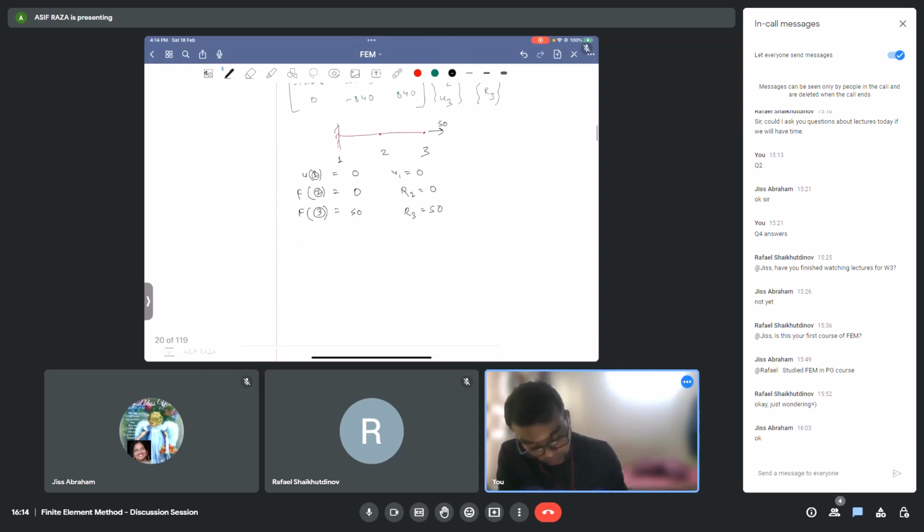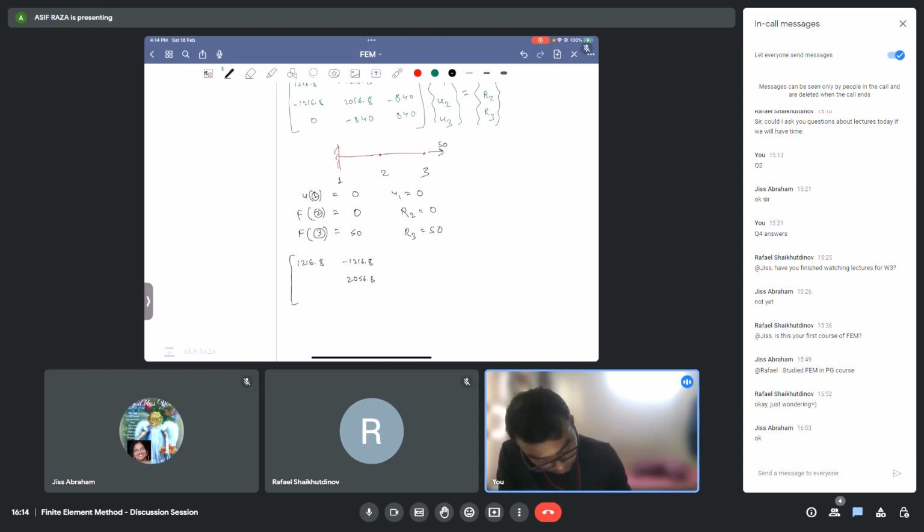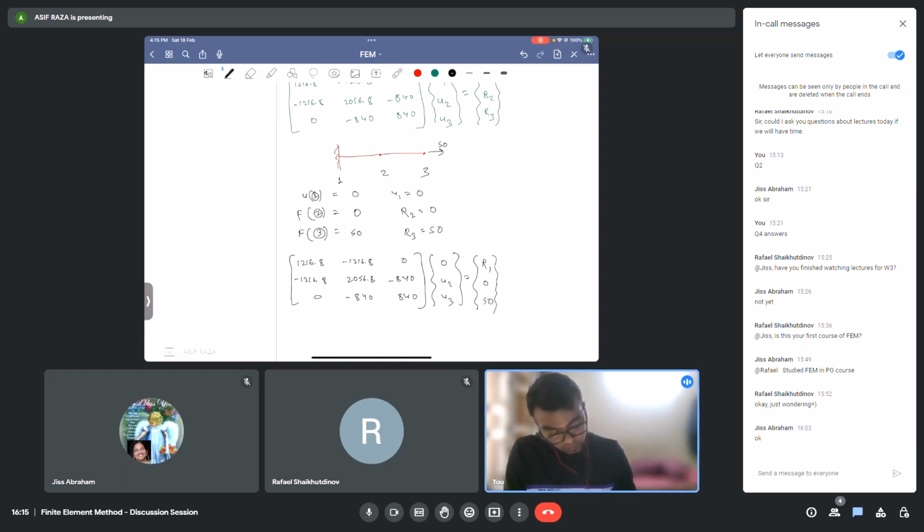So when we substitute into the above equation, 1216.8, minus 1216.8, 2056.8, 840, minus 840, and 840, minus 1216, 0. u2, u3 are unknowns. R1 will be unknown as we don't know the reaction there, and R2 is 0 and R3 is 50.